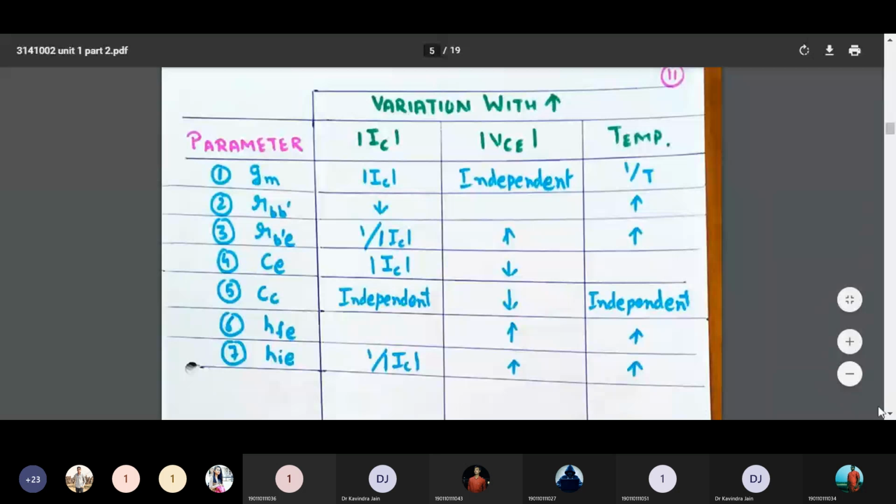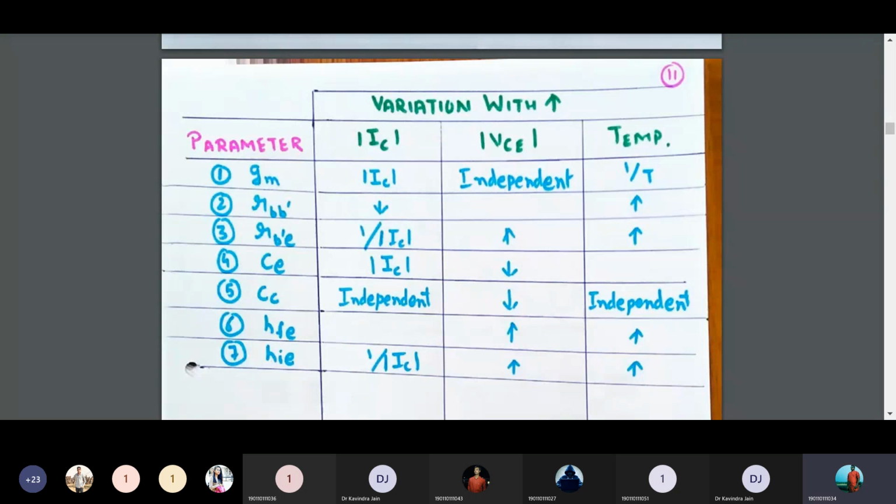I hope my screen is clearly visible. Yes, sir. There is a table which represents the variation in various parameters of the hybrid pi model. Now, we know that VCE is increasing. As a result, the effective base width is decreasing. Please note down this point. You have to draw the table, but I will let you know when.